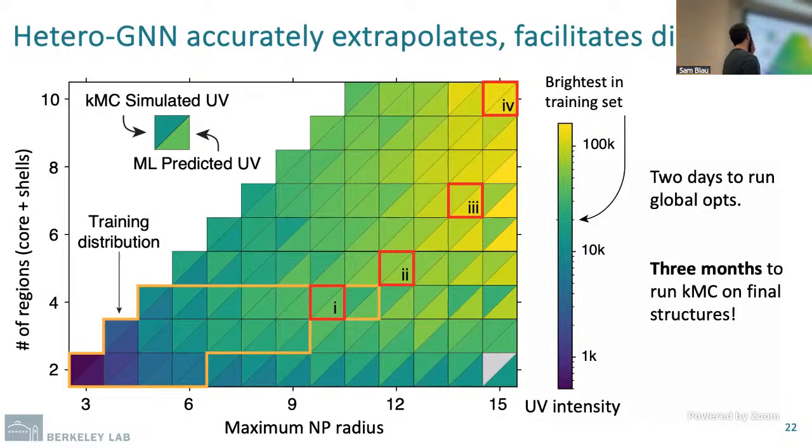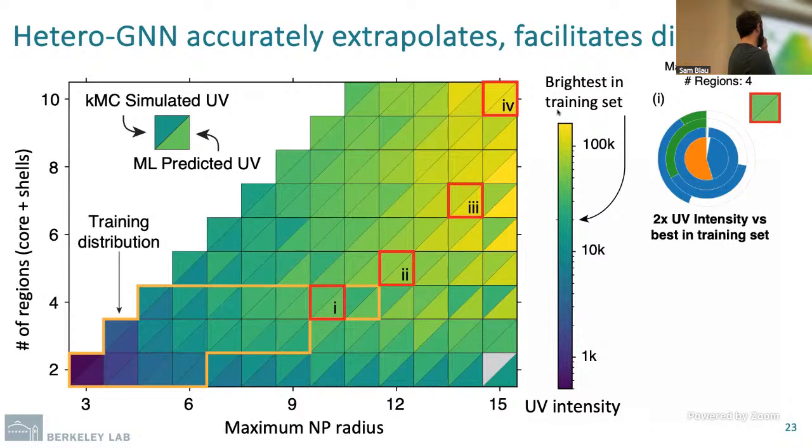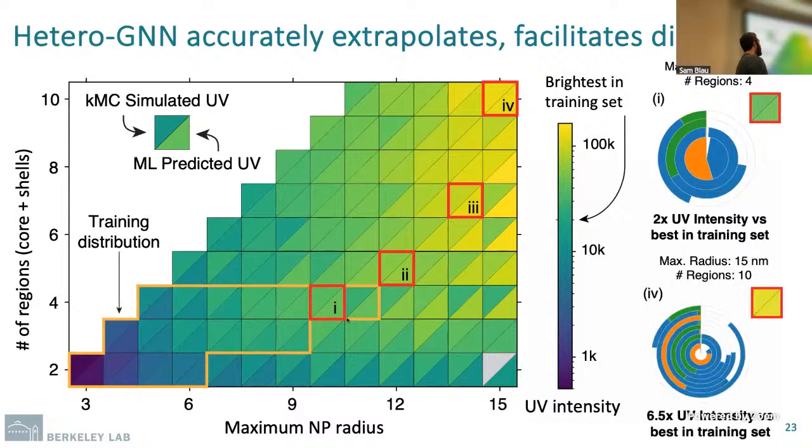Pretty sweet. And to show you what some of these heterostructures look like, this is the I particle. Even in distribution, we got something that had 2 times higher UV intensity than anything we trained on. And out of distribution, we got something 6.5 times higher UV intensity than anything we trained on. This was funded by LBL internal money, and that meant that we could be patient.